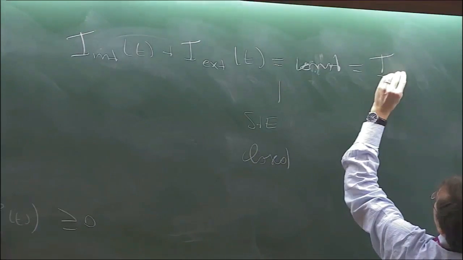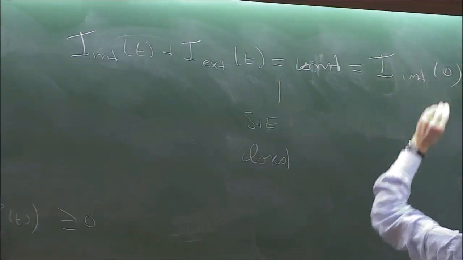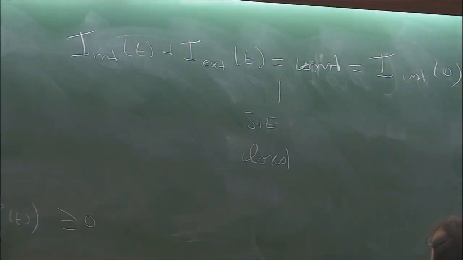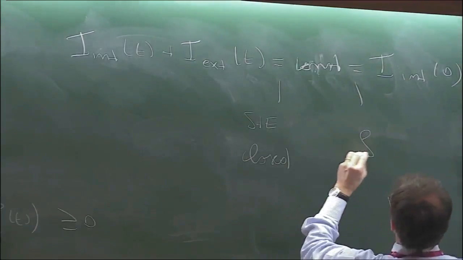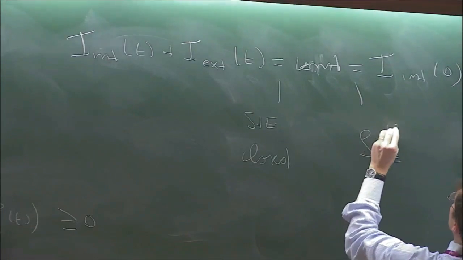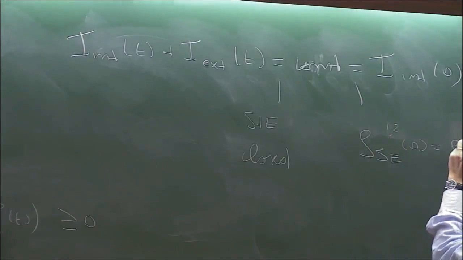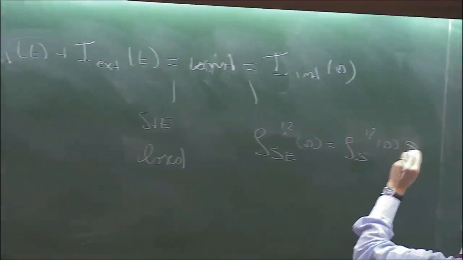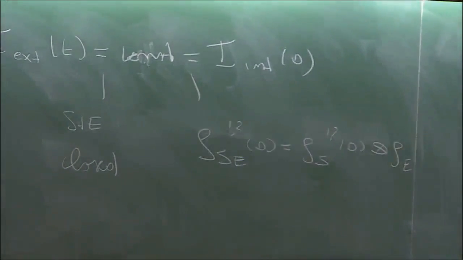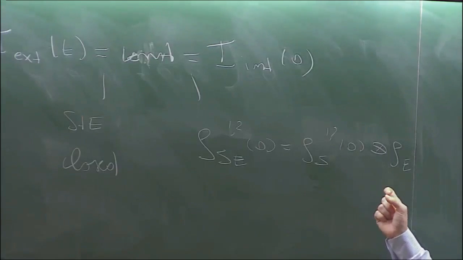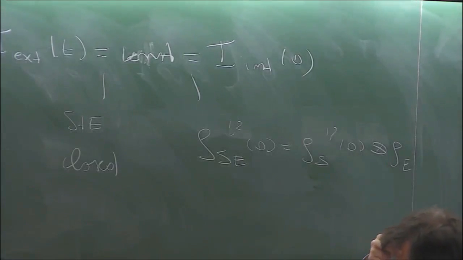In particular, it is equal to the internal information at time t0. This is because, in order to speak about the dynamics, we need rho S1 and rho S2 at time 0 to be of the factorized form. Otherwise, if they are not of the factorized form with the same factorized state, you are not describing the dynamics, and you are not doing the same dynamics. So this quantity obeys this condition.